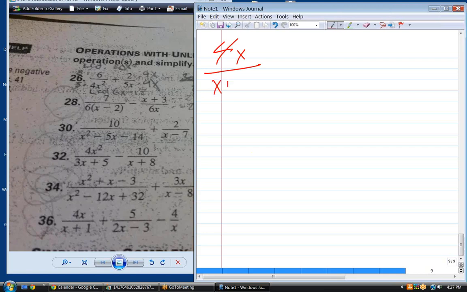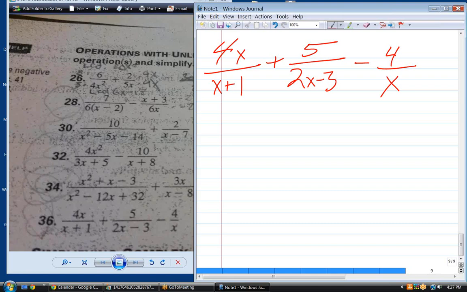Pretty tough, but pretty fun. It's kind of the opposite of what we're doing. You start out with something that's been put over a common denominator, and you try to decompose it into its individual fractions. In other words, you start out with our answer, and you try to get it back into the original form.